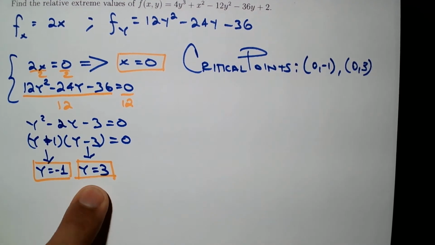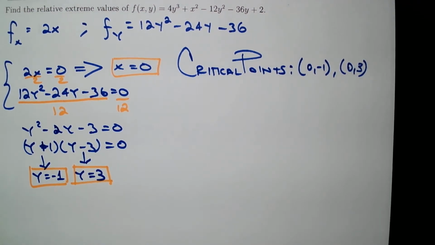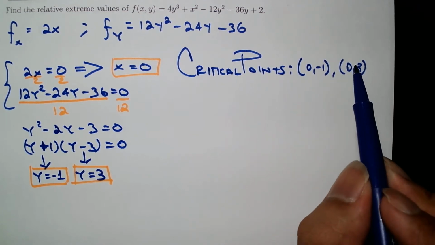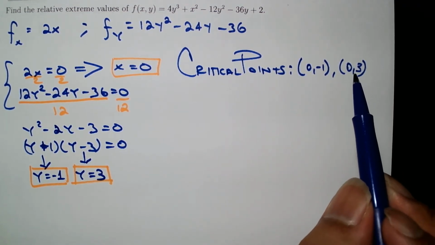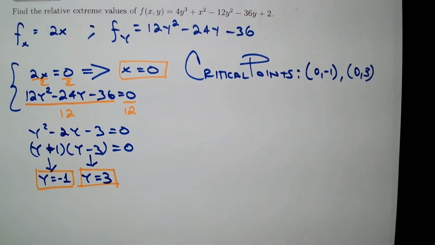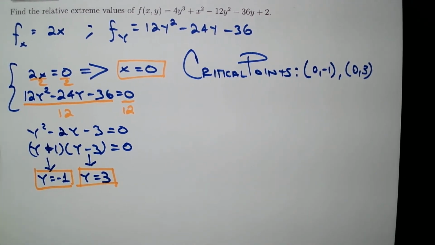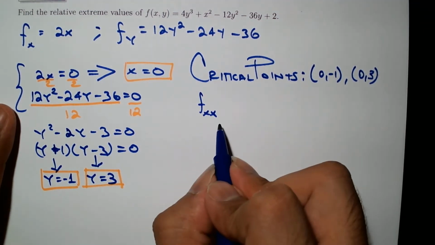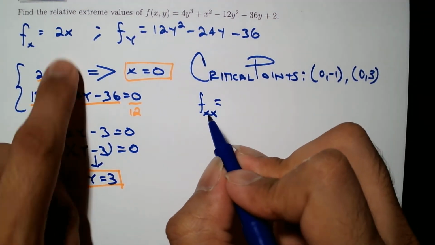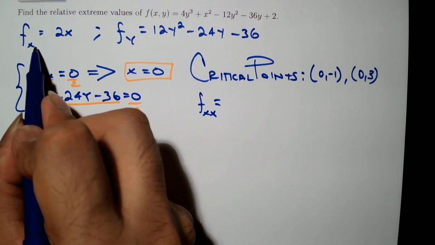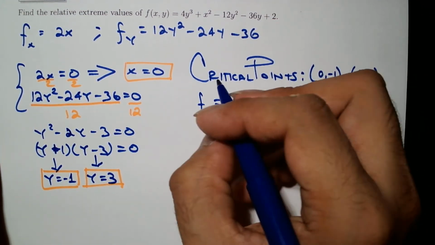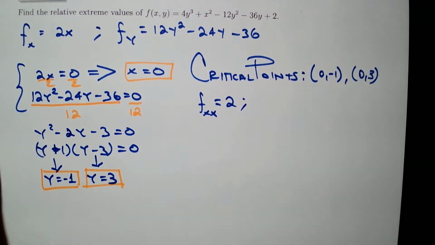Okay. Now we need to test those points, whether they are relative min, relative max, or Pringles chips, aka saddle points. In this case, I need 3 more partial derivatives. The second partial with respect to x twice: we already found the first derivative with respect to x, 2x, so the second derivative will be 2.